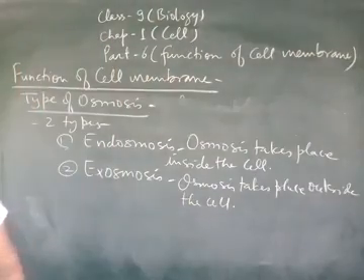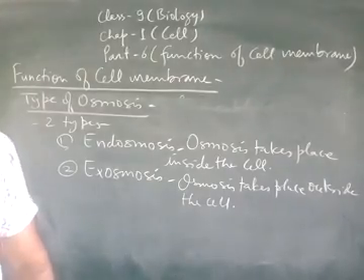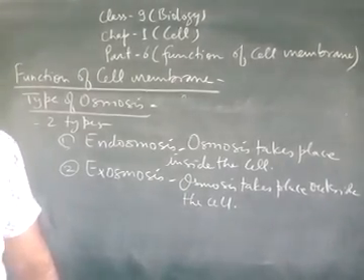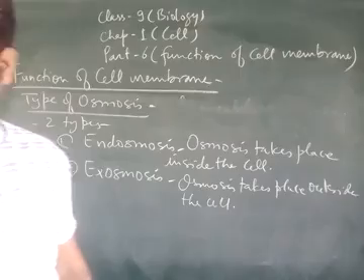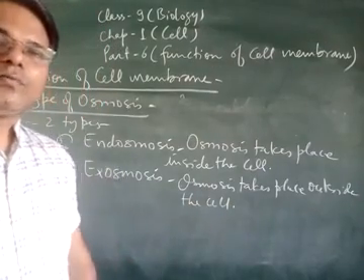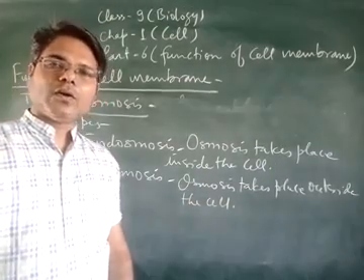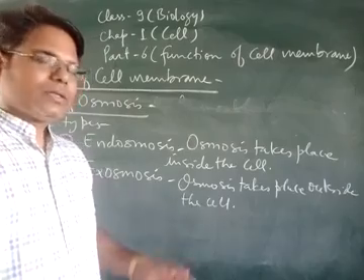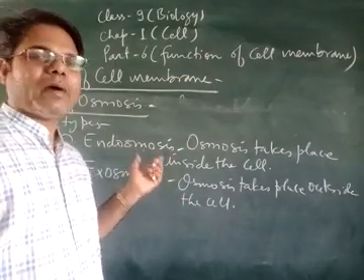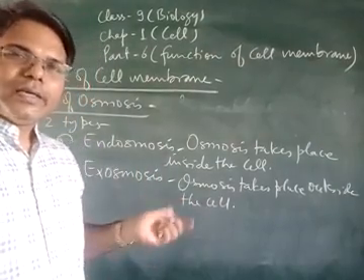Now students, you can say that both these types of osmosis depend on the type of concentration, higher or lower, present in that type of cell. Then the cell performs either endosmosis or exosmosis.